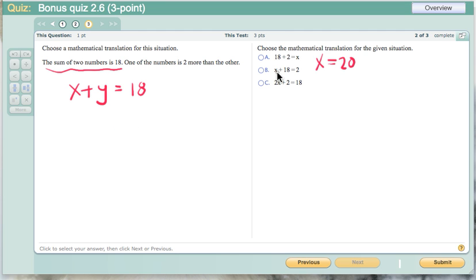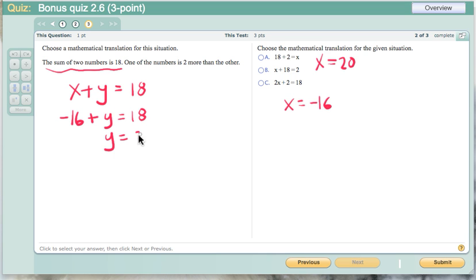How about B? X plus 18 is equal to 2. We subtract 18 from both sides and we get x is equal to negative 16. Okay, so x is equal to negative 16. What does that mean y has to be to get to 18? Well, we can figure it out. We simply solve that for y.